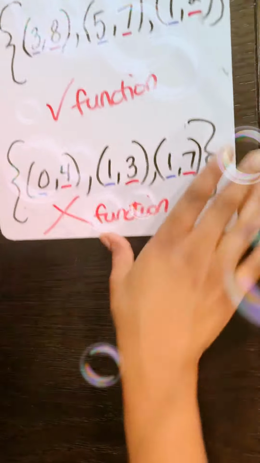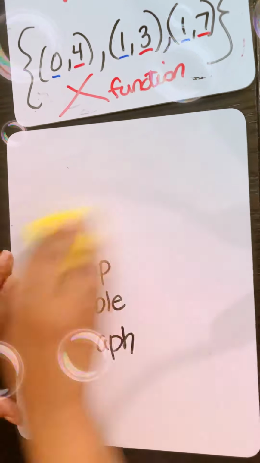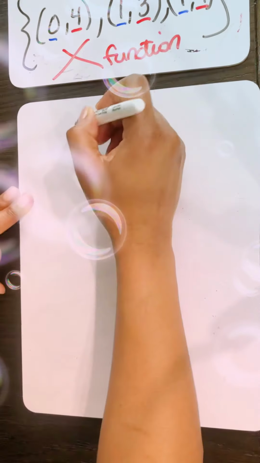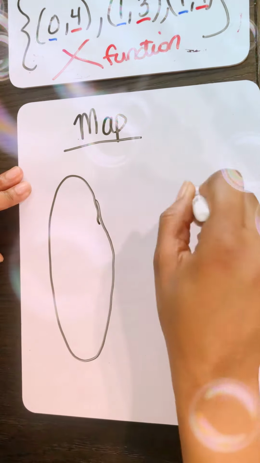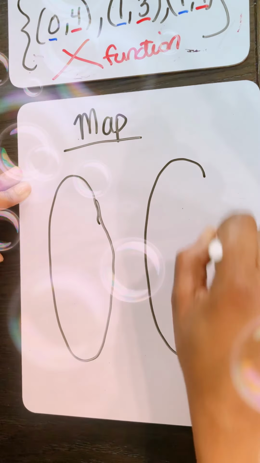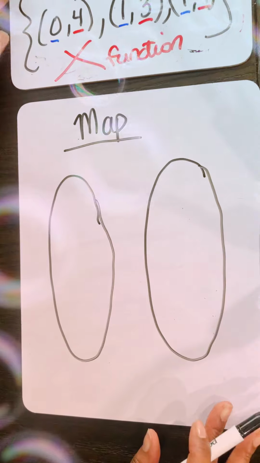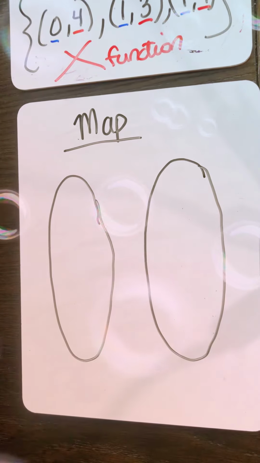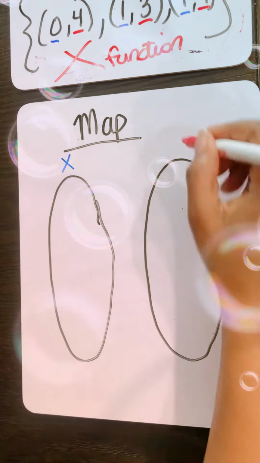The second is called a map. So a map looks like this, where you have 2 columns, and then rather than writing it as a set, we're going to write all of our x's on one side and all of our y's on the other. So all of our inputs on one side and all of our outputs are going to go here.